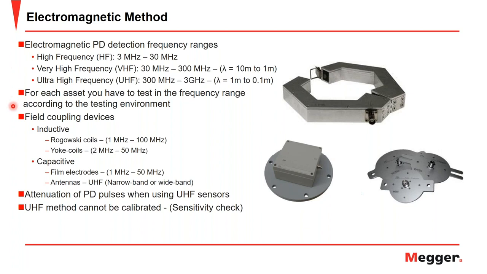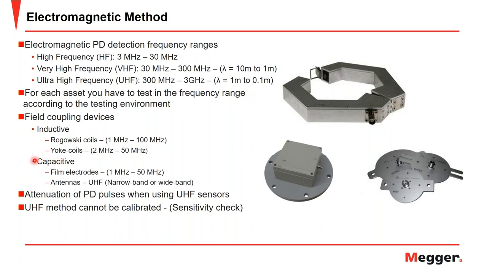When we talk about the field coupling devices for electromagnetic methods, there are two different types: inductive and capacitive. The inductive can include Rogowski coils with measurement frequencies ranging from 1 megahertz to 100 megahertz, or yoke coils ranging from 2 megahertz to 50 megahertz. An example of an inductive field coupling device is this CT seen here.